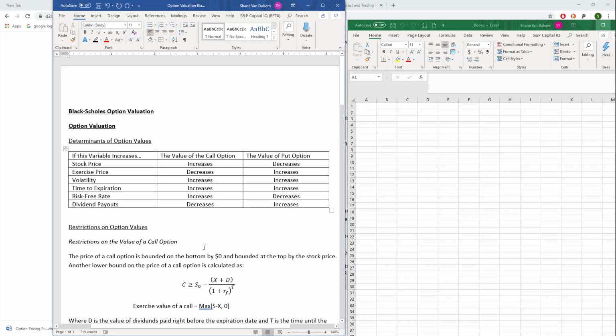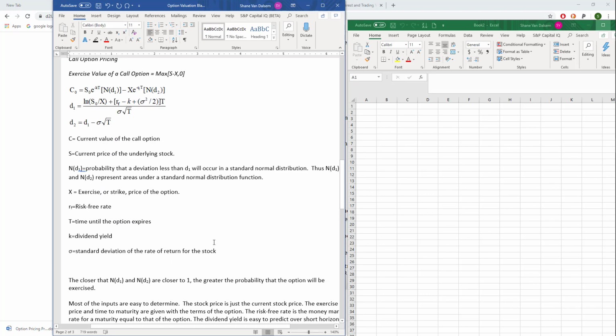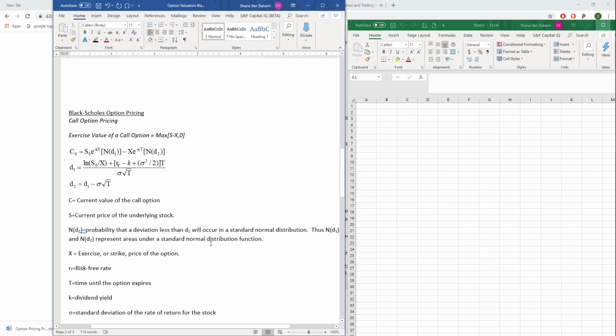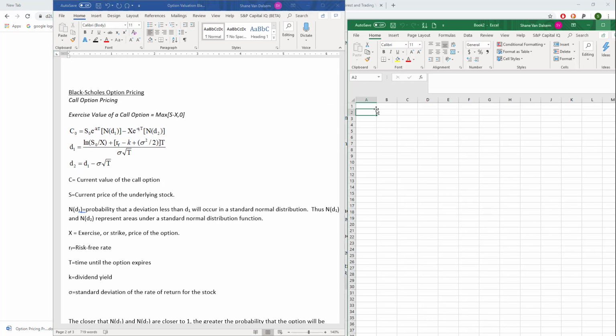So let's go ahead and put in the different variables that we need. We need the current stock price, the strike price or the exercise price, the risk-free rate, the time in years, and this is the time to the expiration of the option.